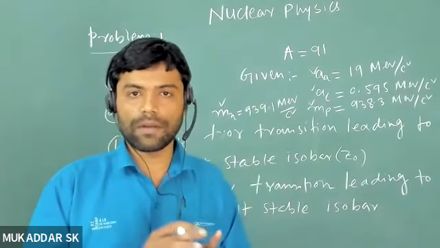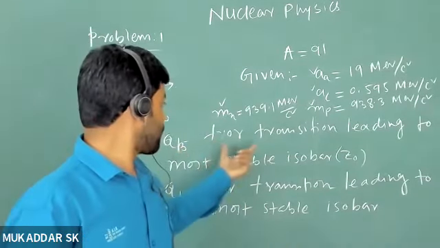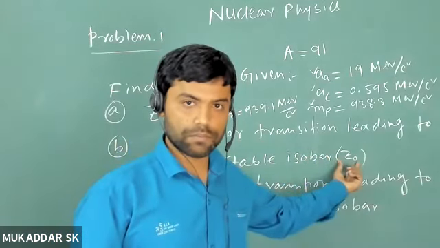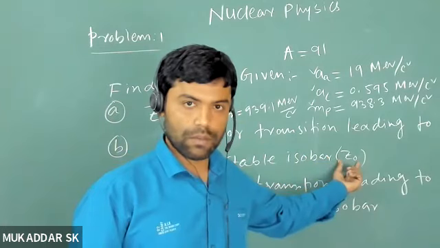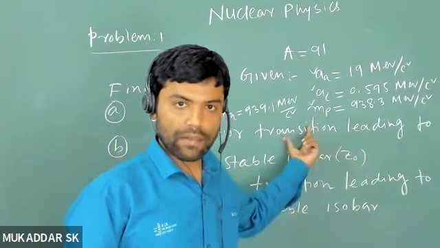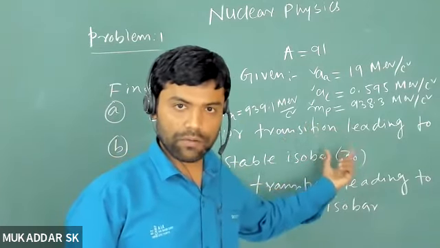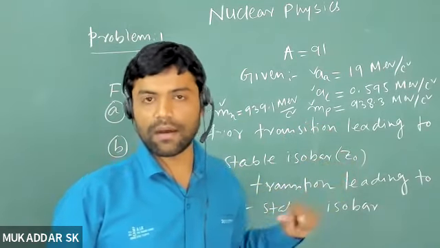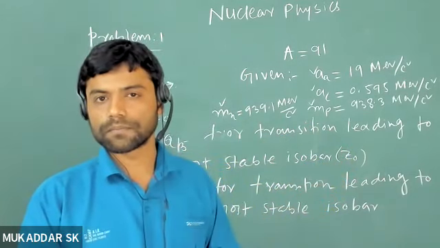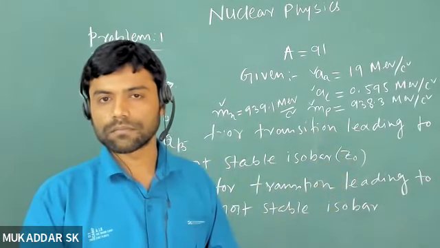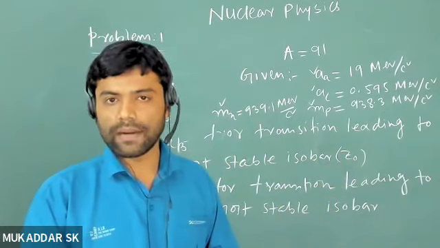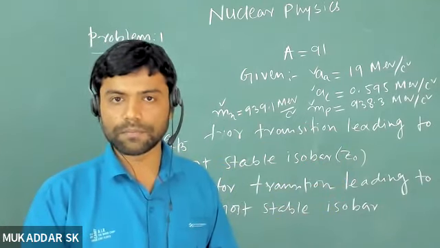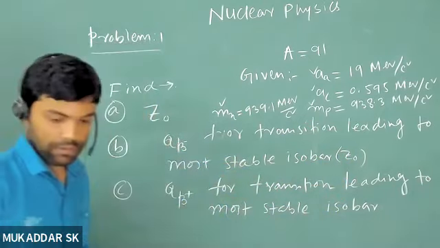Again I am repeating. For beta minus decay, what is written here, you will calculate that Z0 first. Then the daughter nucleus formed by beta minus decay is the most stable nucleus. That means, what will be the atomic number of the parent nucleus? The parent nucleus converts to the daughter nucleus, and the daughter nucleus is most stable. I'll come to it one by one, then it will be clear.